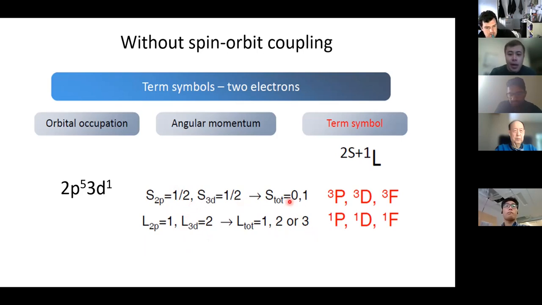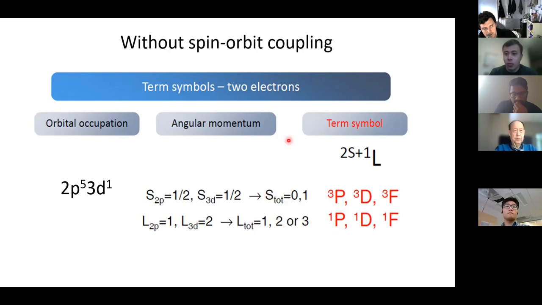Okay, and after deriving the S and L, we now have in fact 6 term symbols for this seemingly simple 2 electron system, right? One hole, a core hole, and 1 electron, right?